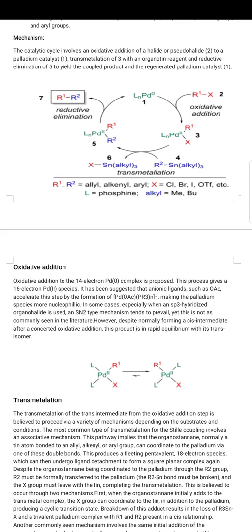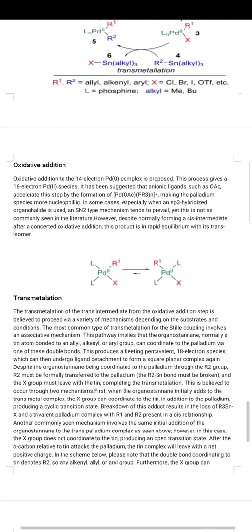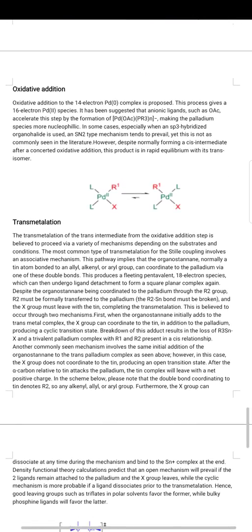So here R1, R2 are allyl, alkenyl, or aryl. X may be a halogen and L may be a phosphine, which is a ligand, and alkyl may be a Me or Bu. First there is oxidative addition, and then there is a transmetalation step, and there is a reductive elimination at last. Firstly, we will see what oxidative addition is.